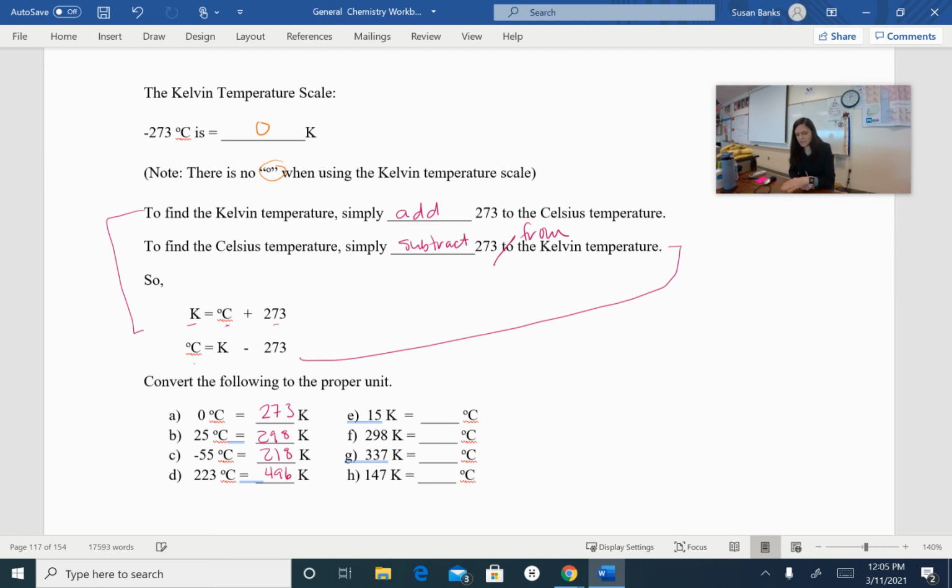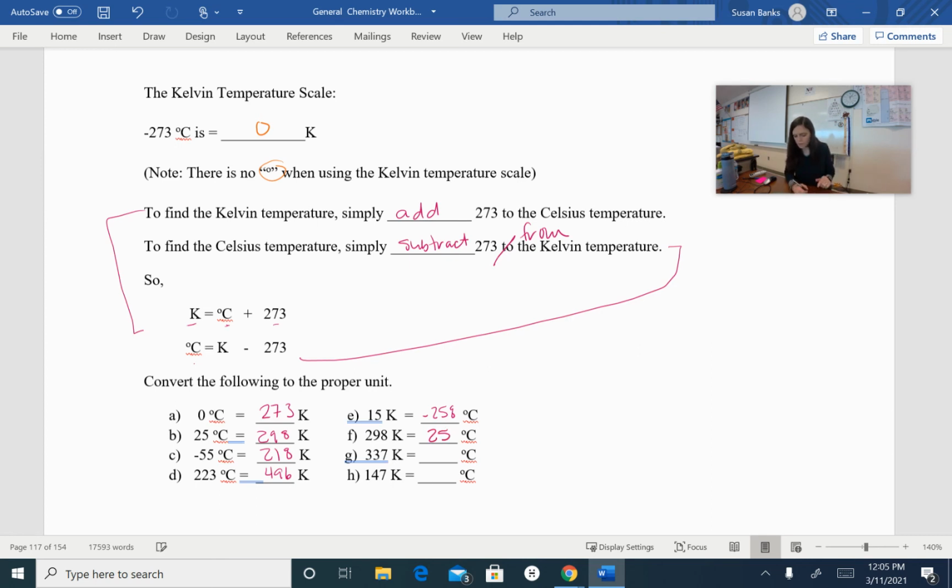Now the second column is going to be the opposite. We are given Kelvin, so we need to subtract 273. Okay, so 15 minus 273 will give us negative 258 Celsius. 298 Kelvin will give us 25 degrees Celsius.